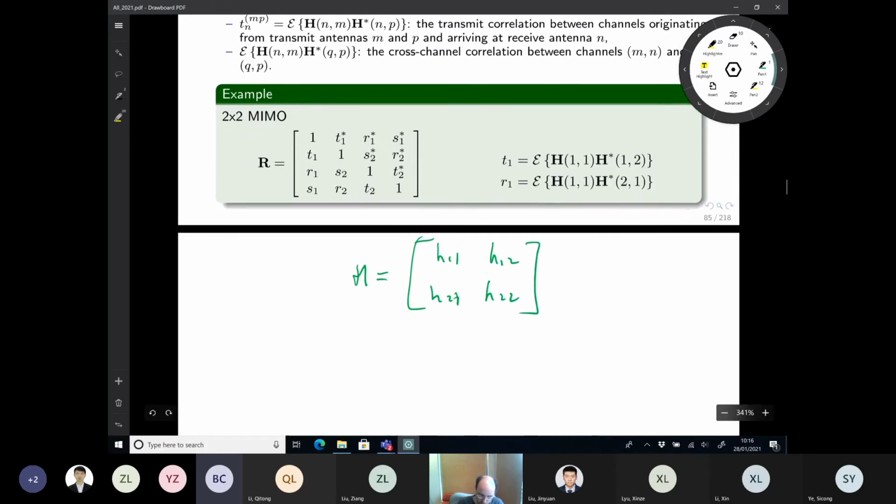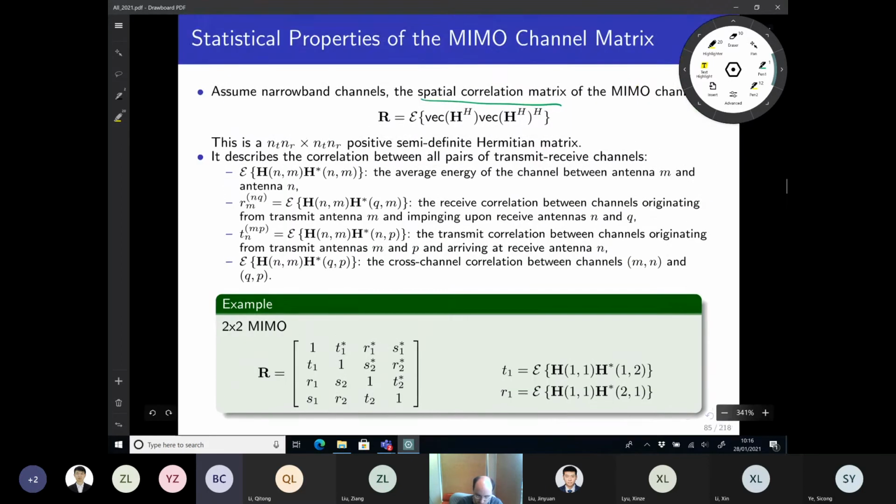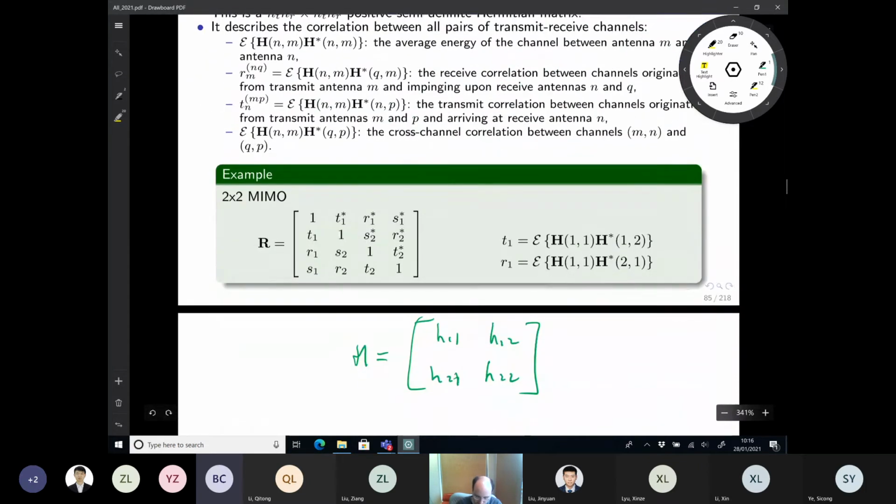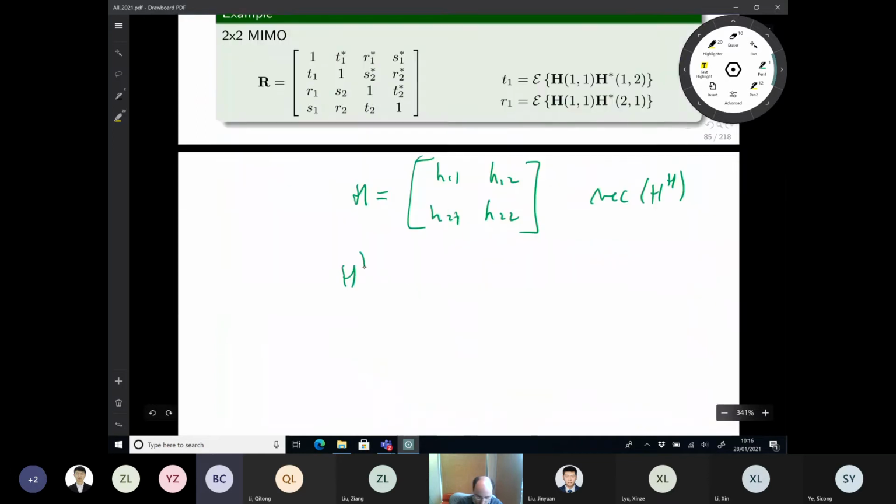By looking at this correlation matrix. So what I will do is take a vectorized form of my channel matrix. So we'll look at vec of H Hermitian. So what is H Hermitian? It is H11 conjugate, H12 conjugate, H21 conjugate, and H22 conjugate.